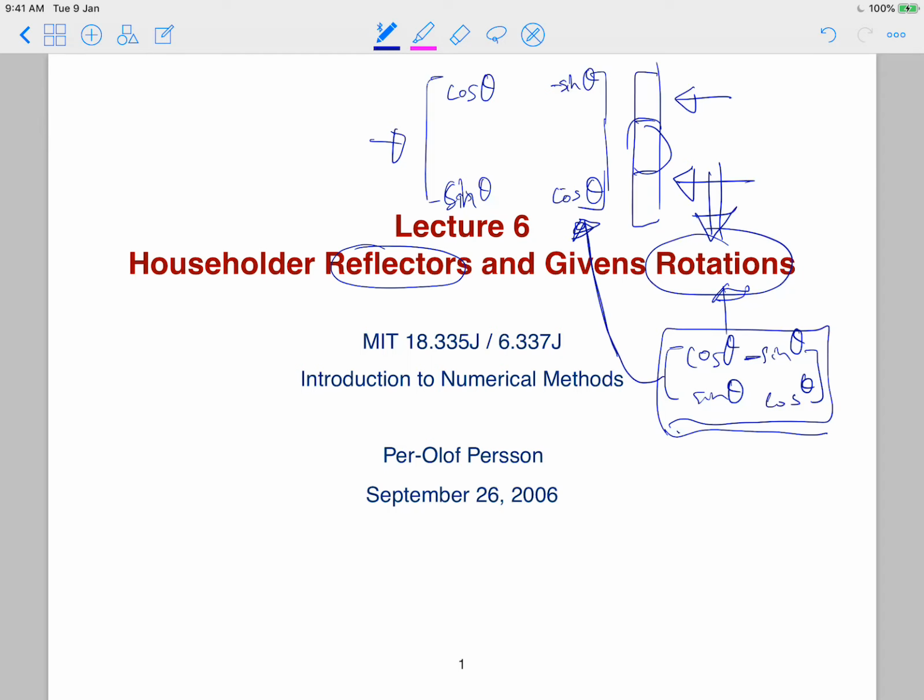Again, we want to apply the rotation in the first and the third dimension, so we put those four elements in positions (1,1), (1,3), (3,1), and (3,3).